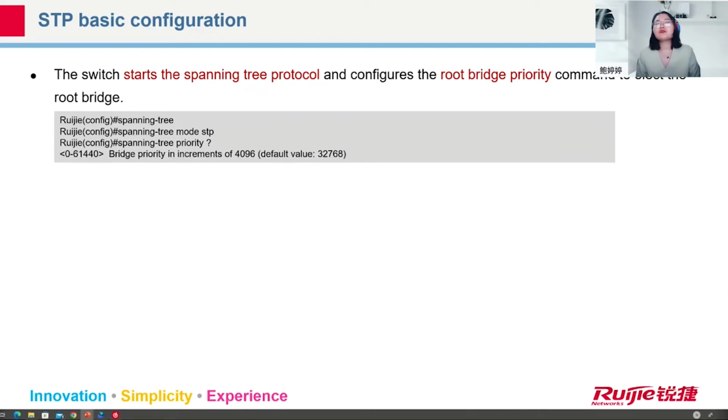And then you can use the command to change the priority: spanning-tree priority, like this one. But pay attention, the bridge priority is in increments of 4096. The default value is 32768. Okay, because we have 8 bytes of bridge ID, right? But only the first 2 bytes are used for the priority.